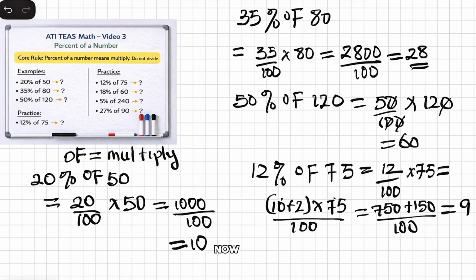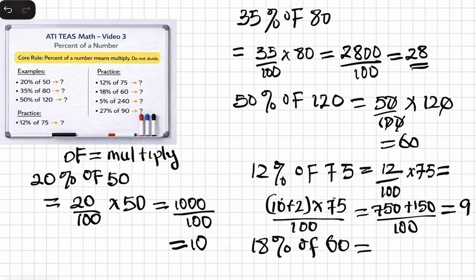All right. Now let me solve the last one, and I will let you guys solve the other ones. I will let you guys solve 5% of 240, 27% of 90, and leave the answers in the comment section. Now let's look at 18% of 60.